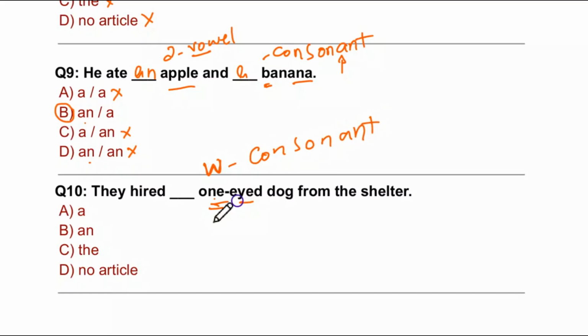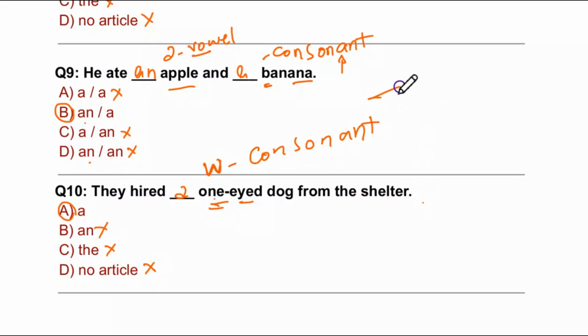So an is not the correct answer, the is not, no article is not. The correct answer is A. They hired a one-eyed dog from the shelter.